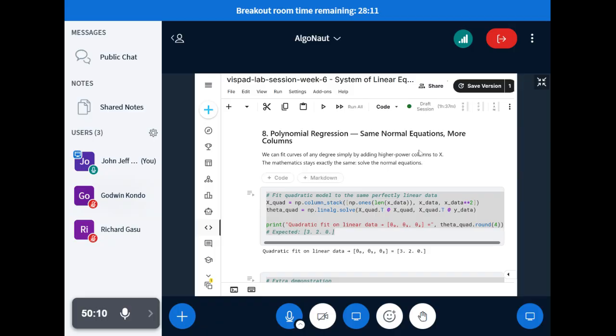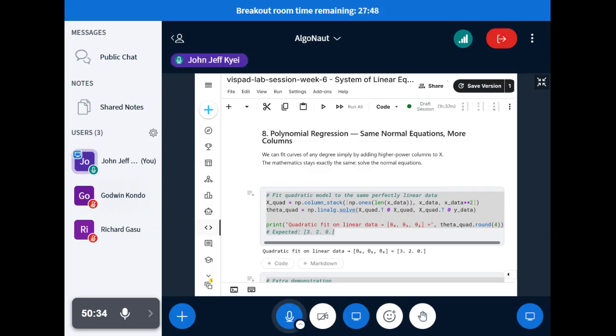Let's see what happens when we try to fit a quadratic model to data that is actually perfectly linear. This helps us understand how flexible a model is, and also how higher degree models behave.